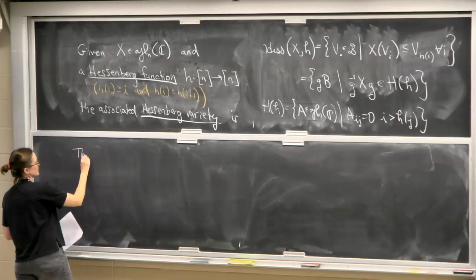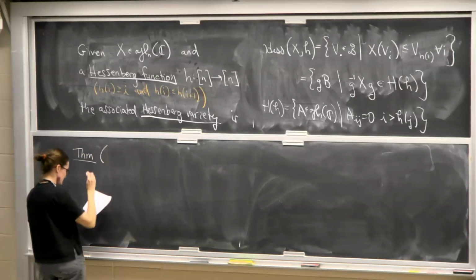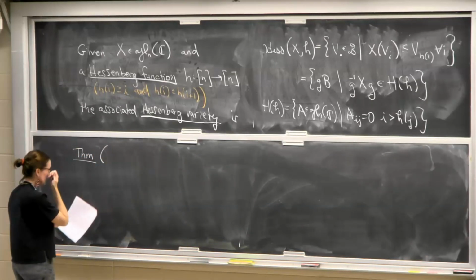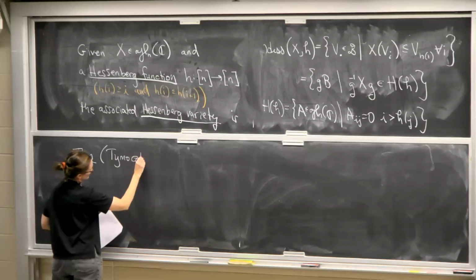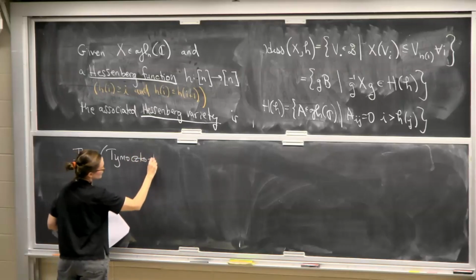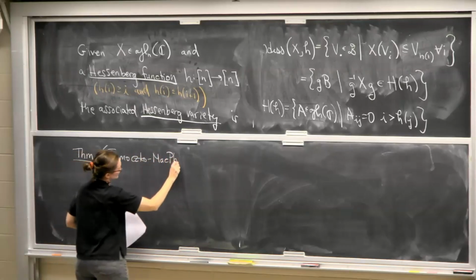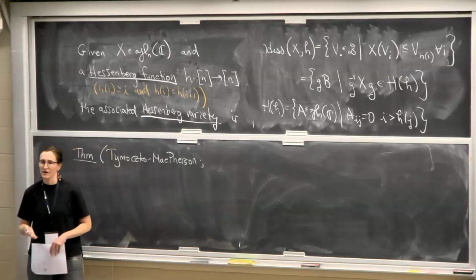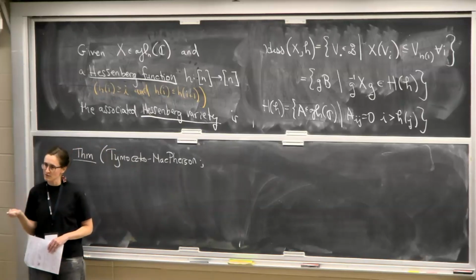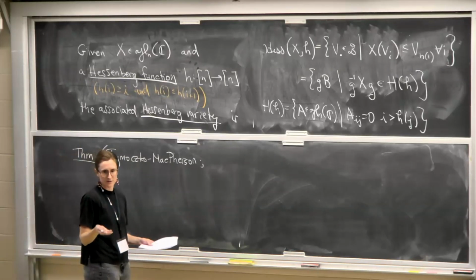So here's a theorem. That's actually an unpublished work of Tomasco and McPherson. But you can also find a proved version of the statement in work of myself and Eric Summers.